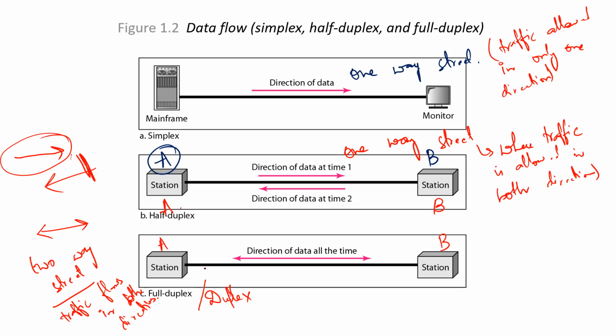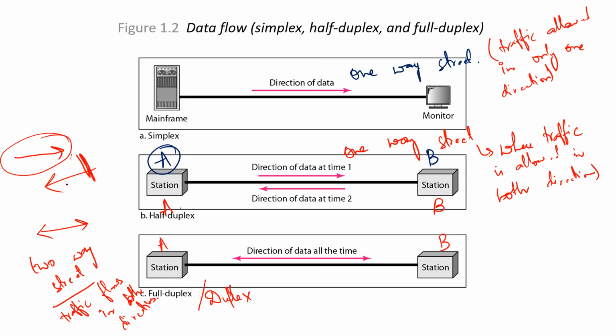In this case, this transmission medium needs to be shared. That is, signals going in one direction share the capacity of the link with signals going in the other direction. The sharing can occur in two ways. Either the link must contain two physically separate links, or the capacity of the channel is divided between signals traveling in both the directions.